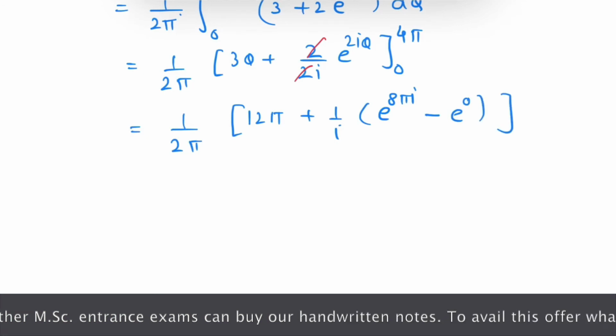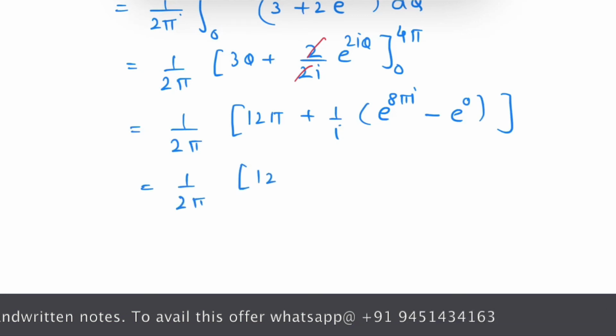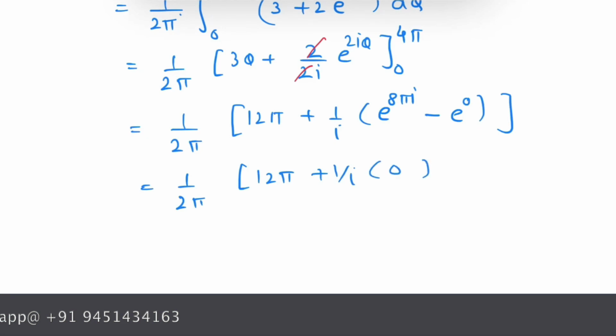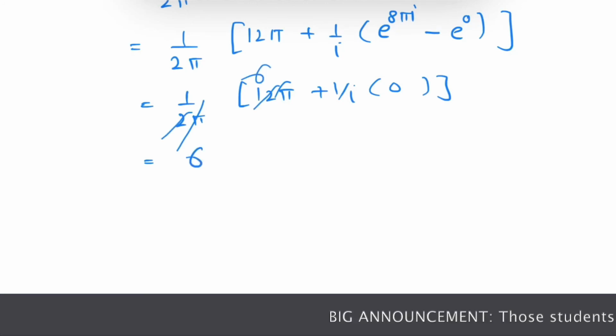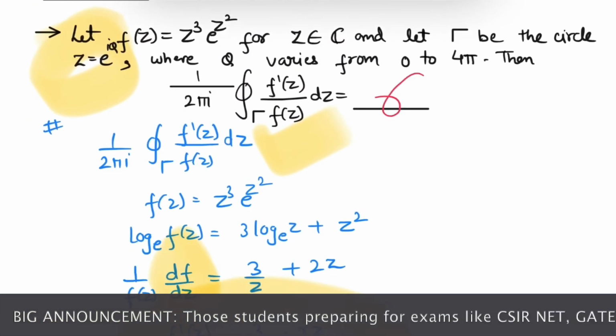So after simplification we'll get 1 over 2 pi times 12 pi plus 1 over iota, in the bracket we'll have 0. So this pi cancels out, and 2 goes 6 times into 12, so this will be 6. So its integral will be 6.